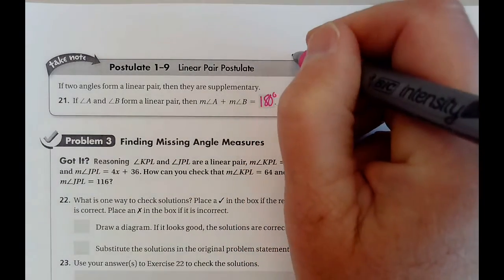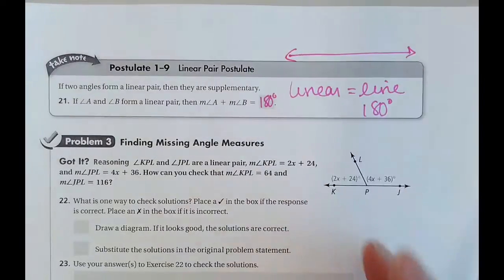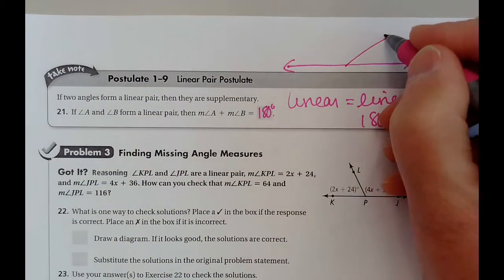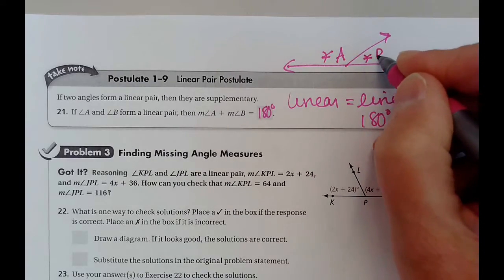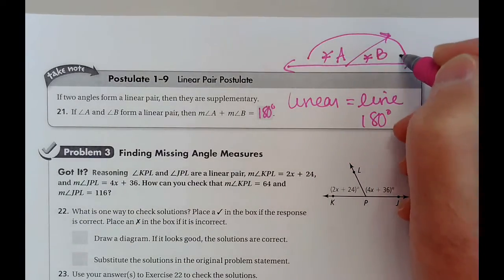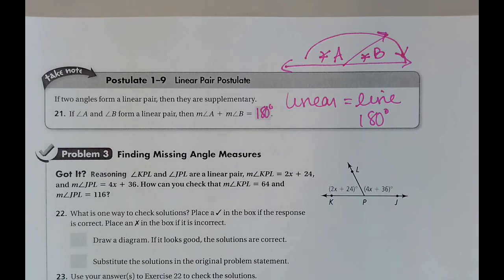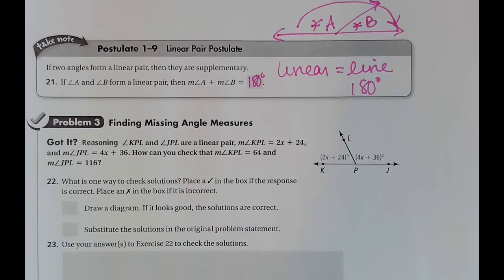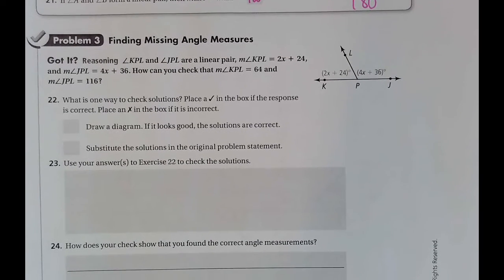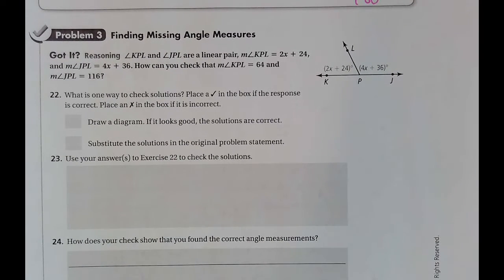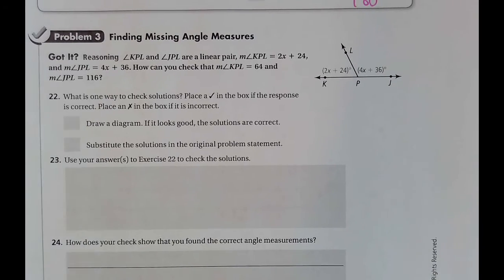And that would be like saying we've got our line right here, and we've got angle A, and we've got angle B. Well, we know that when we add those together, that's going to give us 180. So that is true. And that is called the linear pair postulate. And again, we call it a postulate because it's accepted without proof, because we're dealing with lines and we can't technically define a line.